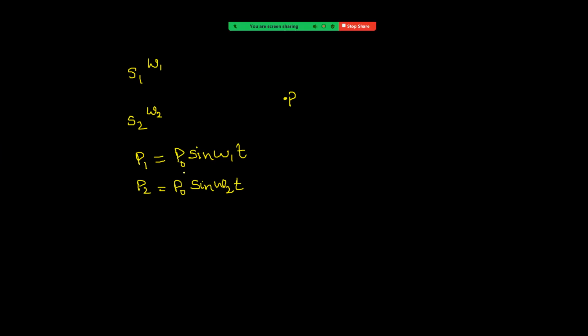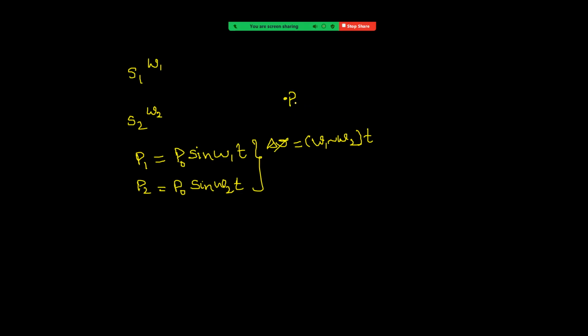And if you see carefully, from these two you can write phase difference, let us take as phi, or you can say delta phi, that is equal to omega 1 minus omega 2 into t. So if you focus at this point, as time passes, this value keeps on changing. See carefully.